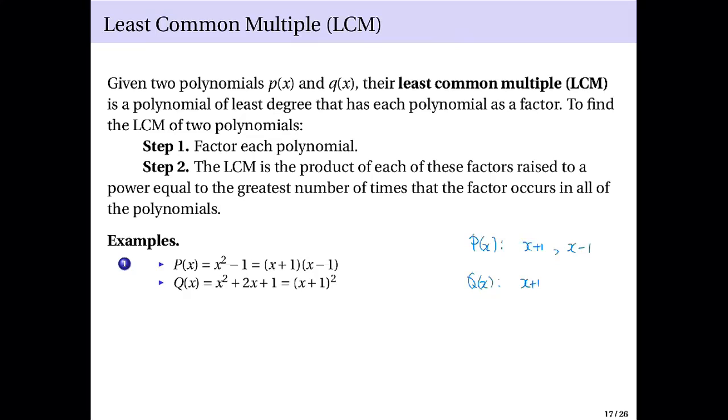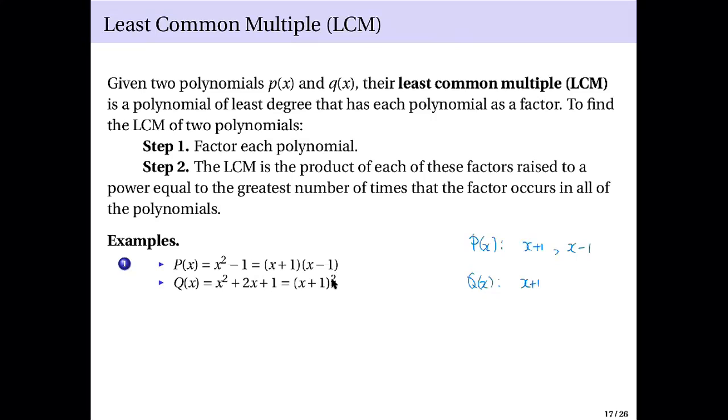Okay? If you remember, you have something that is a factor of multiplicity 2. So x plus 1 is a factor of q of x with multiplicity 2 because you have x plus 1 squared and that will give you your q of x.